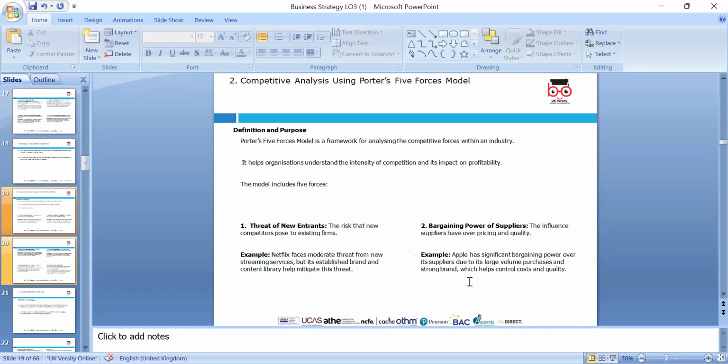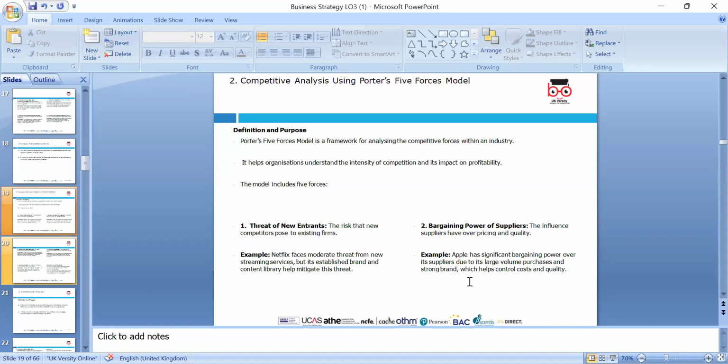So we have then competitive analysis using Porter's 5 Forces. So in Porter's 5 Forces, the threat of new entrants, high, low, medium, normally 3 categories we can say, or we can differentiate according to the benchmark. The risk the new competitor poses to the existing firm.